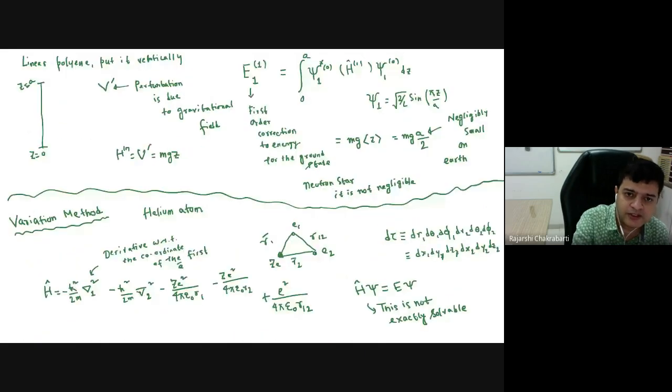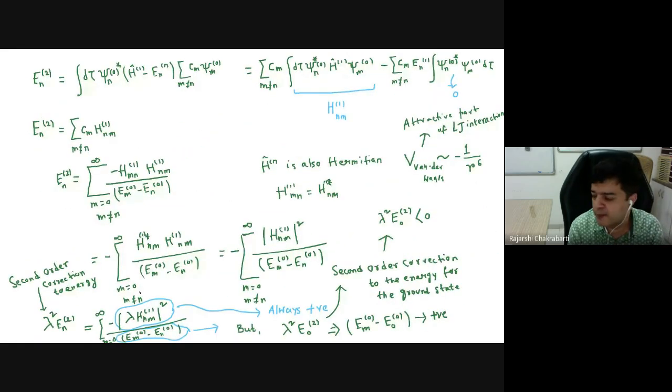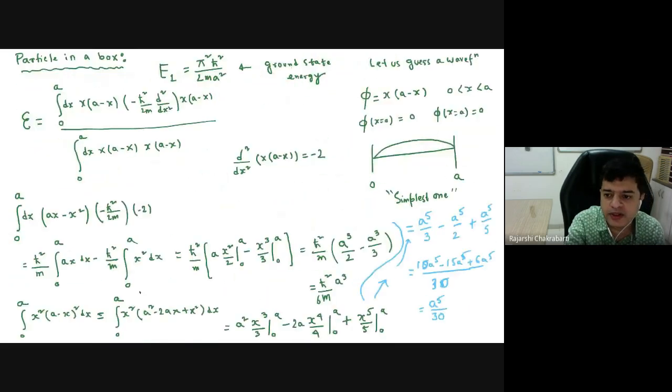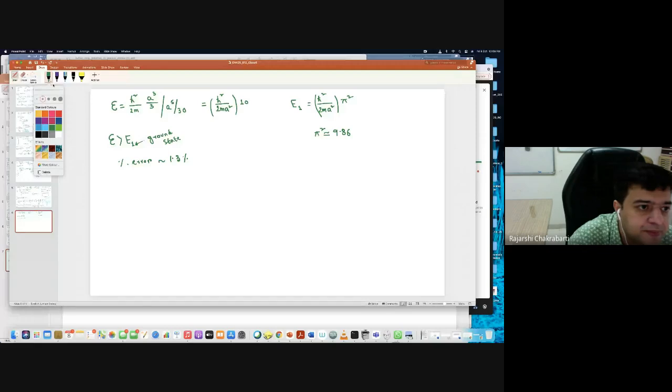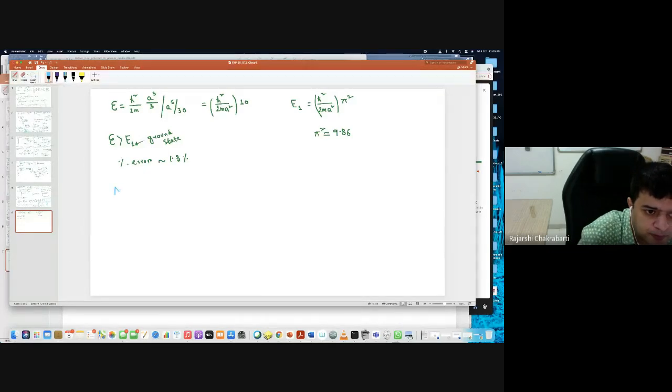So I suggest you go through some book. One good book to go through would be, let me write it down here. I don't know how many of you know this book. This is called Molecular Quantum Mechanics by Atkins and Friedman.